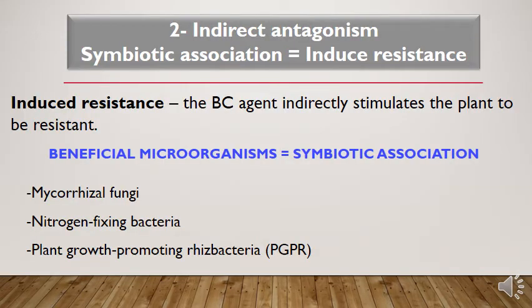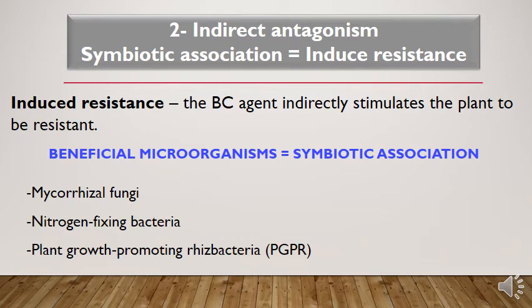The second way the biological agent can affect the pathogen is indirect antagonism, through induced resistance. Induced resistance means the biological agent can indirectly stimulate the plant to be resistant.